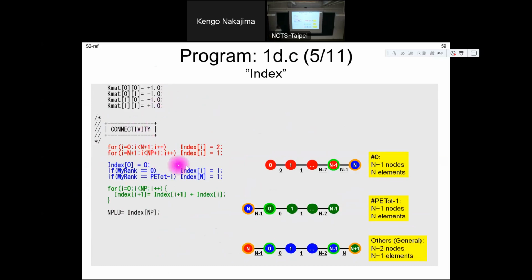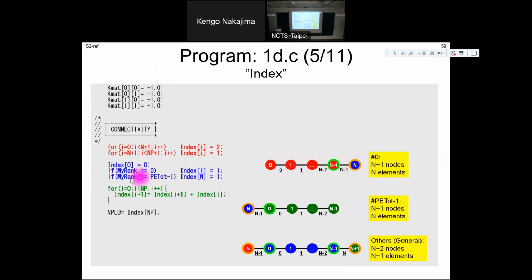First of all, we just put the number of non-zero components to each node. Basically, if it's between 0 and n, that is 2. And if it is more than n plus 1, that should be 1. And if my rank equals 0, index 1 is equal to 1.